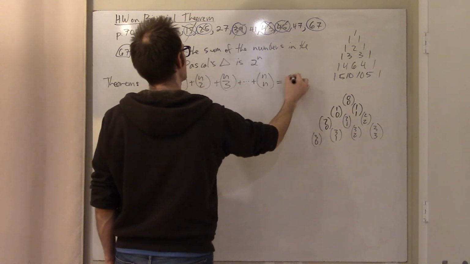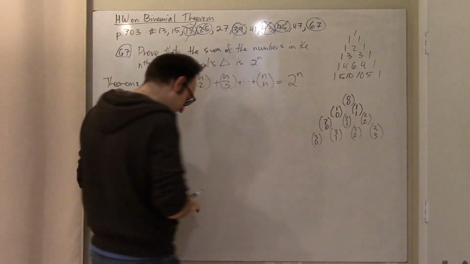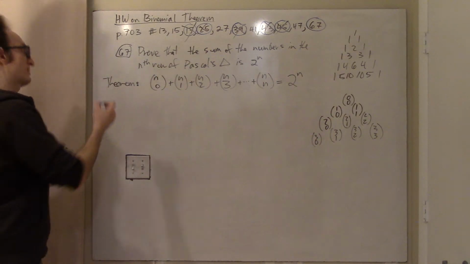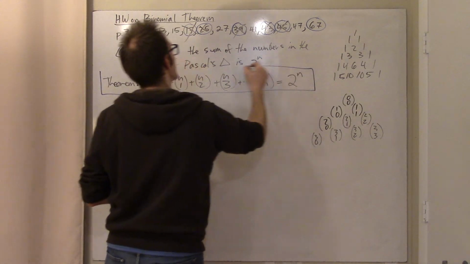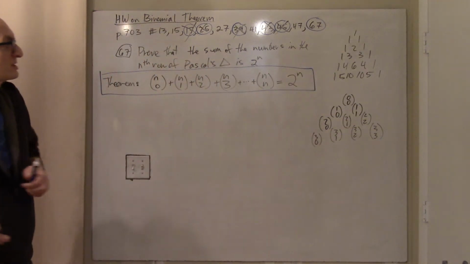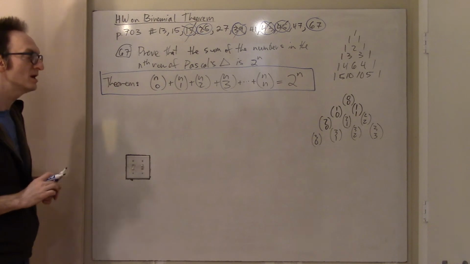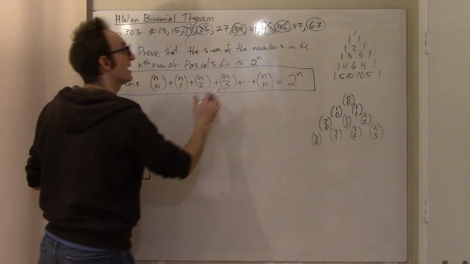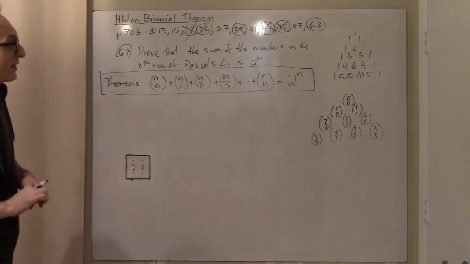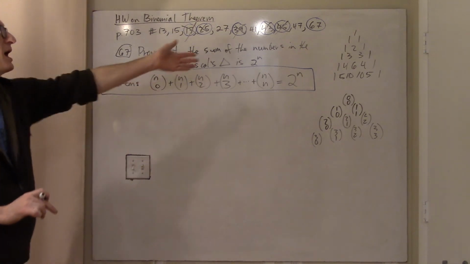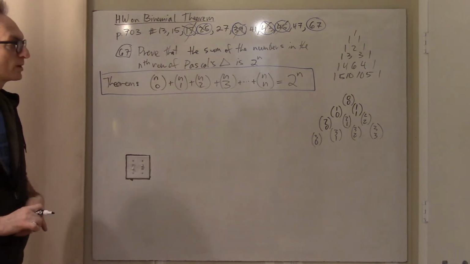And supposedly this is 2 to the n. So this is the theorem that we are really proving when someone says prove that the sum of the numbers in the nth row of Pascal's triangle is 2 to the n. Never mind the triangle necessarily. The triangle is just a way of referring to the fact that we're summing up all of these binomial coefficients.